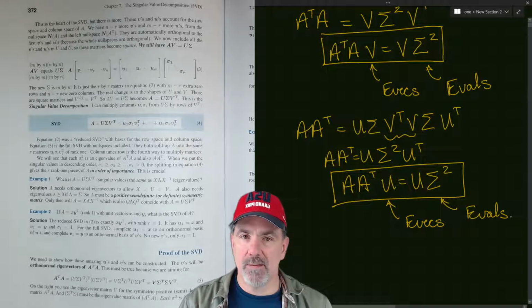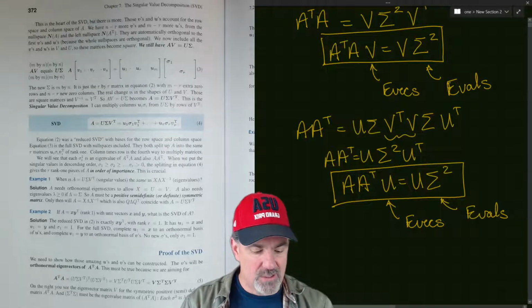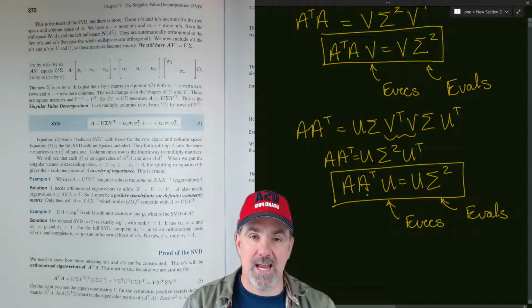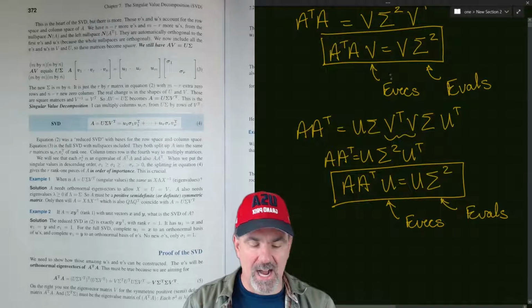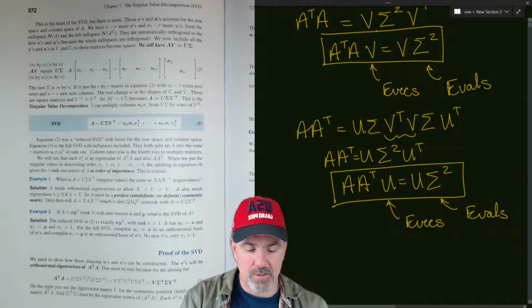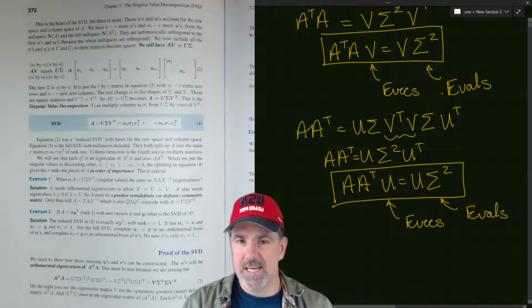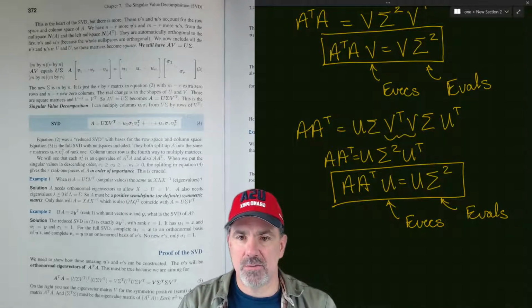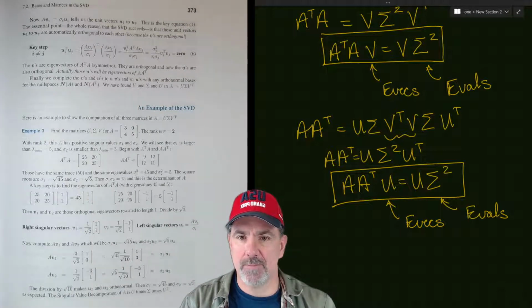We're not going to prove anything, but it's extremely enlightening to see why the eigenvalues for both A transpose A and A A transpose are the same, and then the relationship with the eigenvectors and the left singular vectors in U and the right singular vectors in V. So this is the whole machinery behind how things work. He's outlined that on page 372, and then some more here on 373.